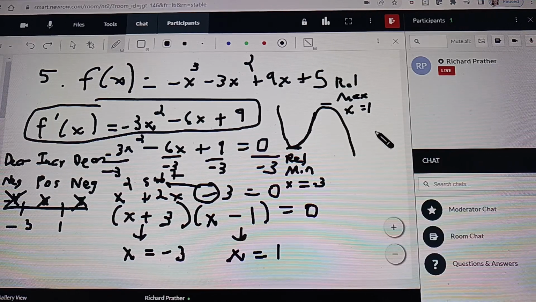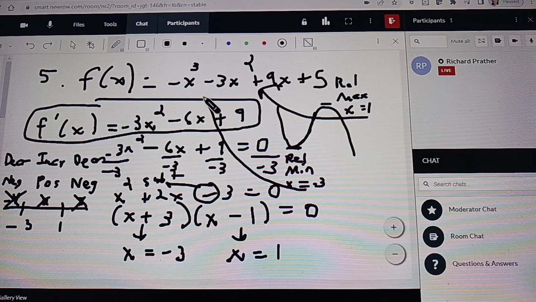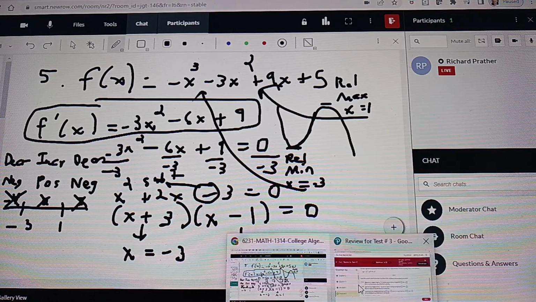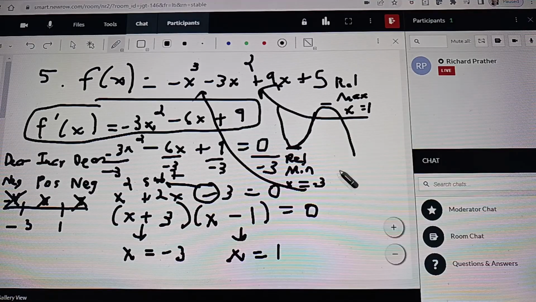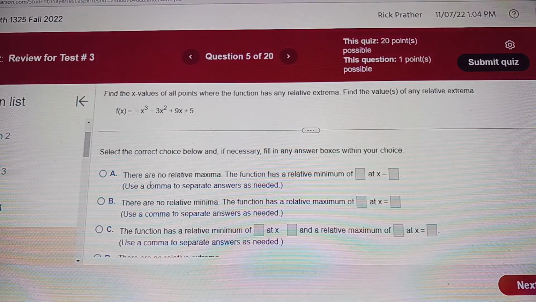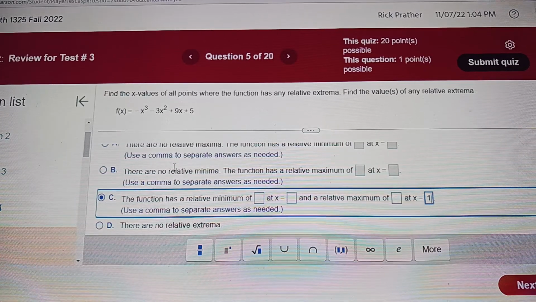And then if they want the locations of the x values, if they want the values of them too, then we have to plug those extrema into the regular function if they want that. And it looks like they do, yes. So the function has a relative maximum at x equals 1, and you'd have to plug 1 into the original function.